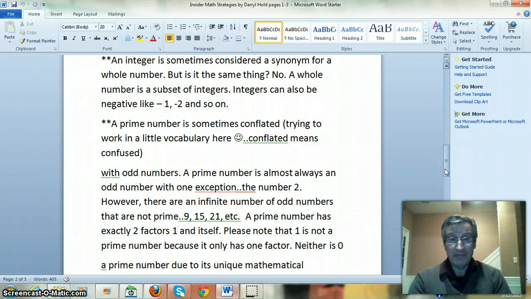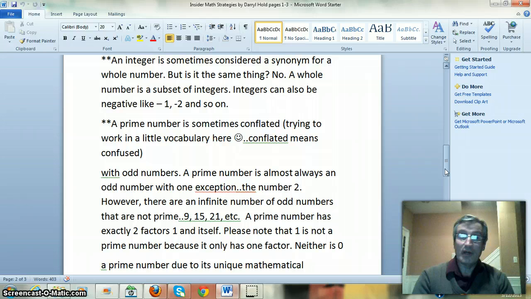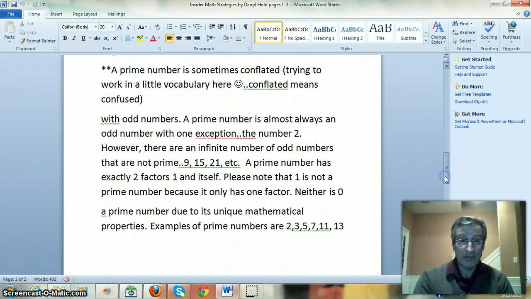However, there are an infinite number of odd numbers that are not prime: 9, 15, 21. A prime number has exactly 2 factors, 1 and itself. Please note that 1 is not a prime number because it has only 1 factor. Neither is 0 a prime number due to its unique mathematical properties. I like to say that 0 and 1 are in their own mathematical universe.